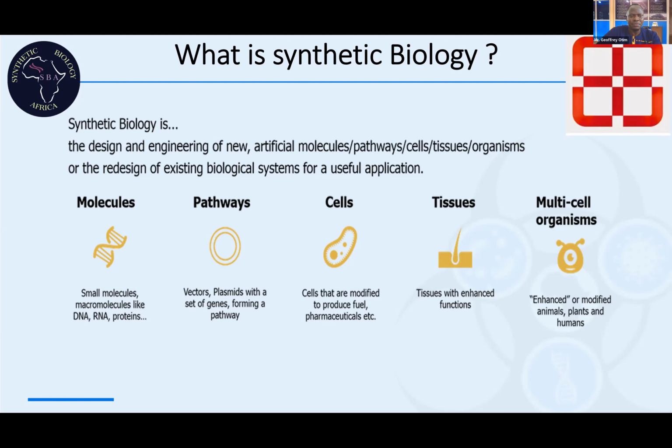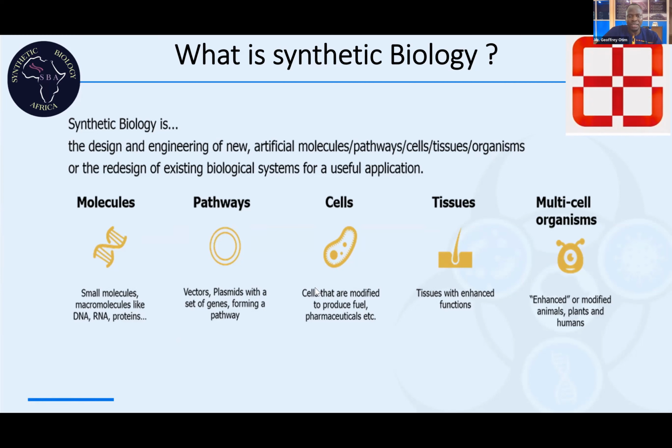As we can see from here, the molecules can be DNA, RNA, or proteins, and then you can insert them in a vector. Like here, we can have a plasmid with sets of genes that can form a pathway, a new pathway that you have designed.